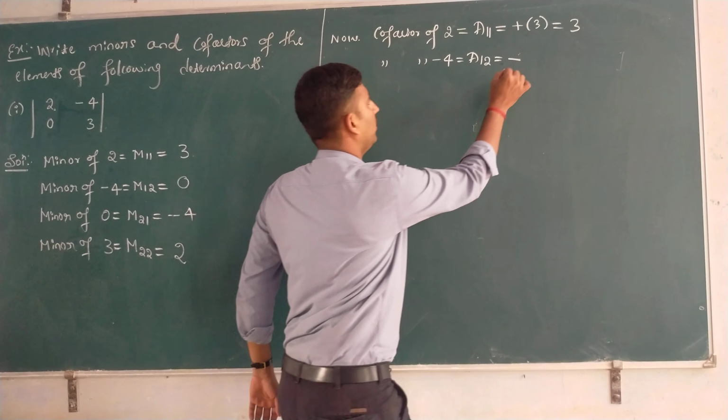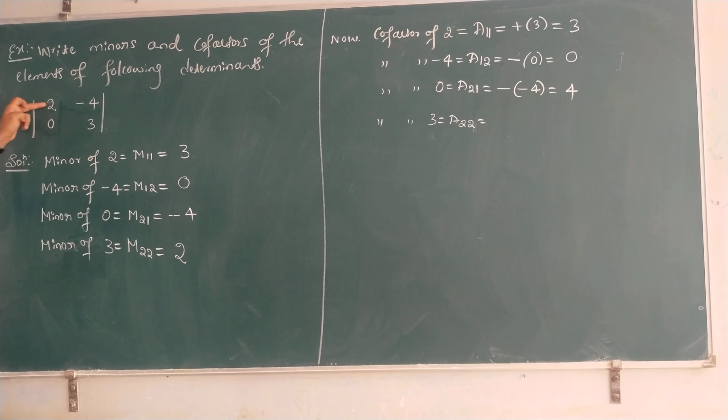Cofactor of 0 is A21, whose place sign is minus, so it is minus of minus 4, which is equal to plus 4. Cofactor of 3 is A22, in the plus place, so it is plus of 2, which is 2.